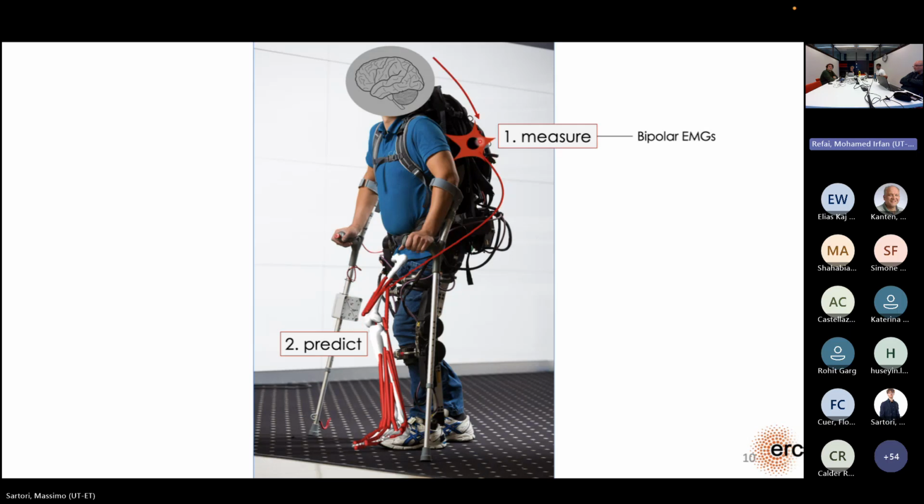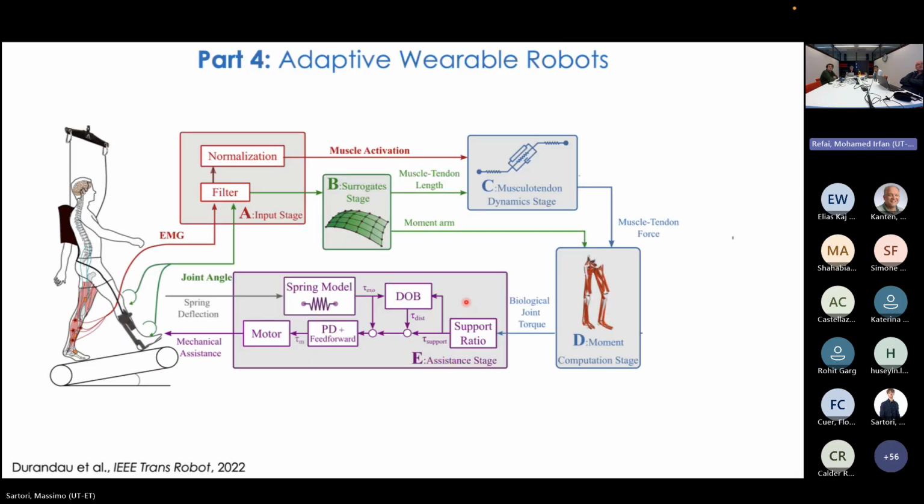So you can predict the resulting musculoskeletal forces. And then these forces can be used to implement proportional myoelectric controllers for exoskeletons. This is the typical control paradigm that we have been using in the past.